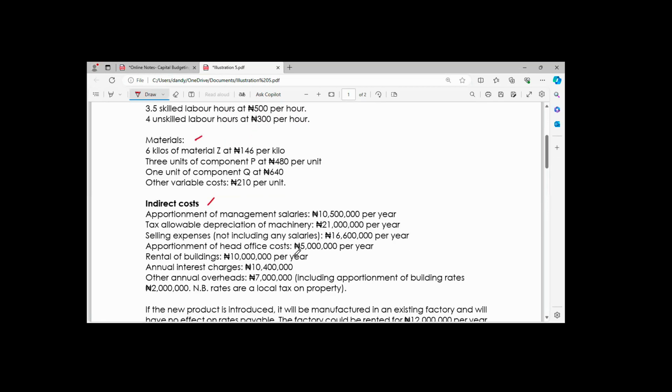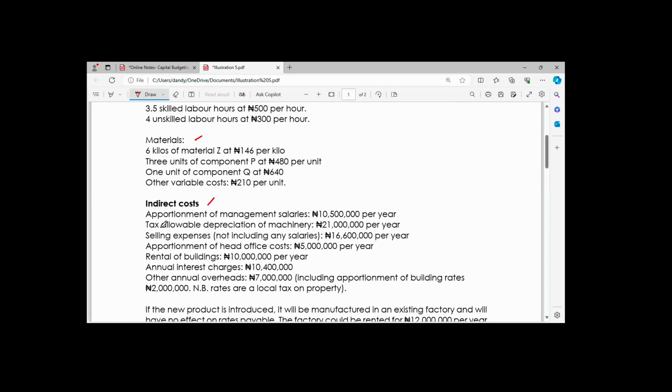Indirect costs. Apportionments of management salaries, 10.5 million naira per year. Tax allowable depreciation of machinery, 21 million naira per year. Selling expenses, not including any salaries, 16.6 million naira per year. Apportionment of head office costs, 5 million naira per year.